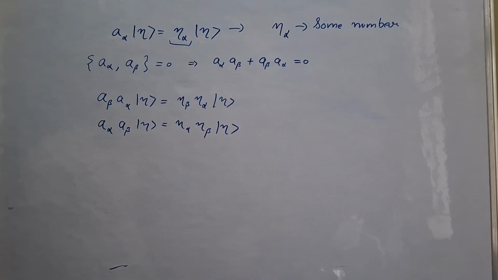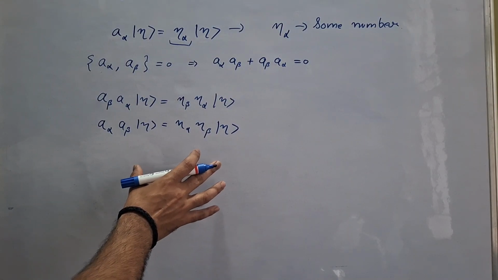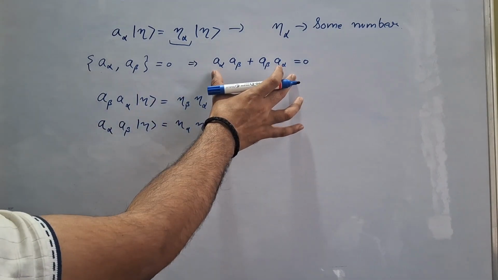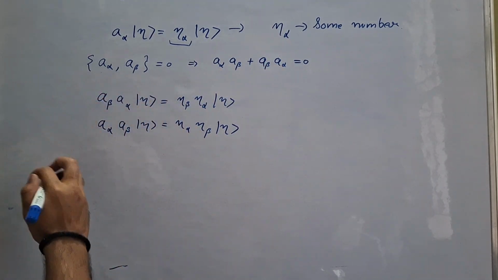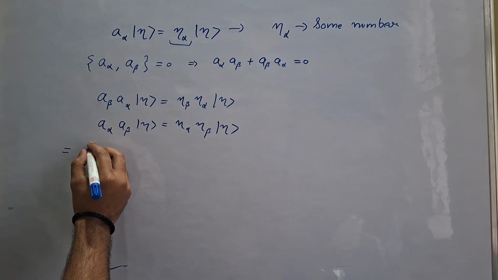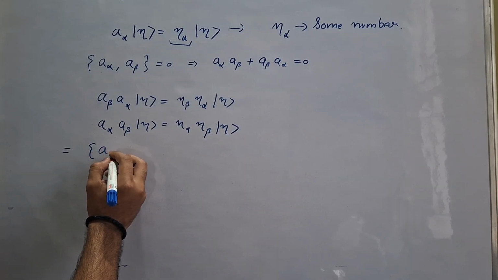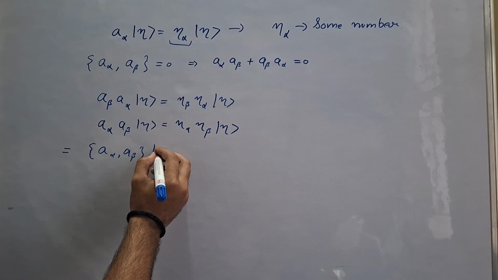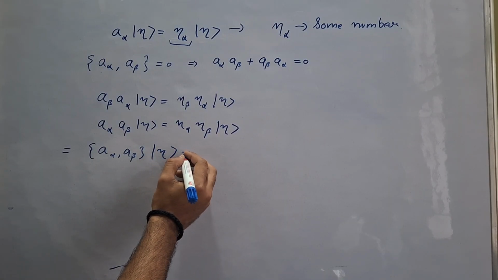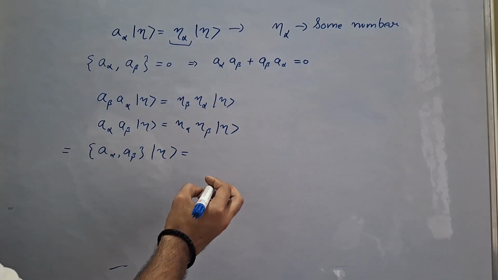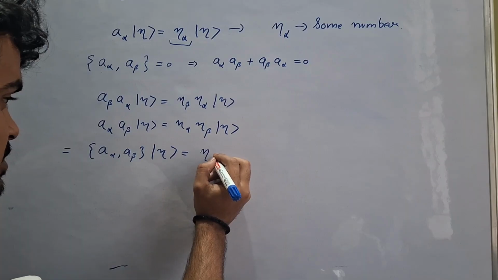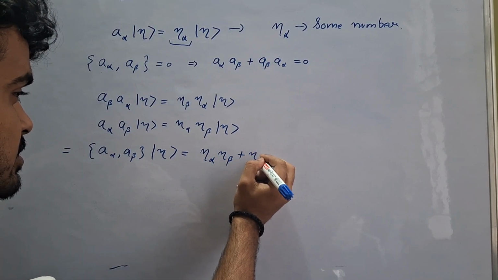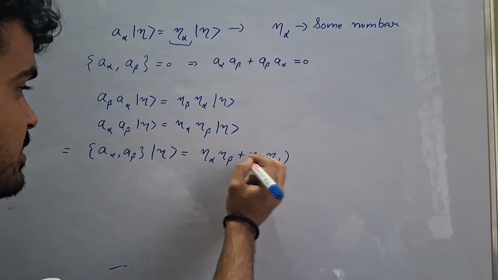Now if you simply add these equations, then the left hand side will become this. If you factor out the state, this will become the anti-commutation of A alpha A beta on psi is equal to the same thing here, which is eta alpha eta beta plus eta beta eta alpha.